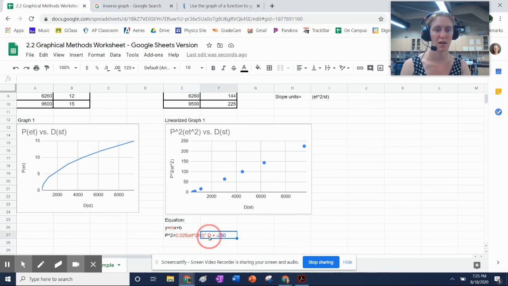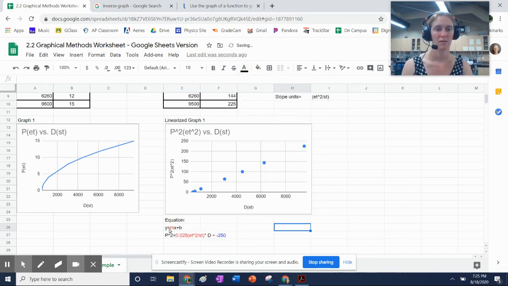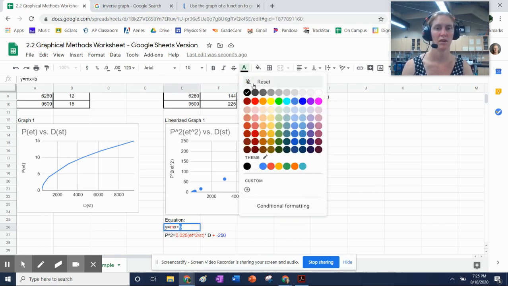All right, so now I have my equation. So this is my x. I'm going to keep that black. So I have my y equals my slope times my horizontal variable d plus b, where b is my y-intercept.